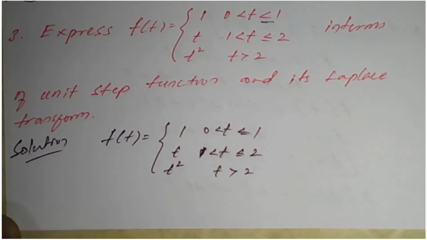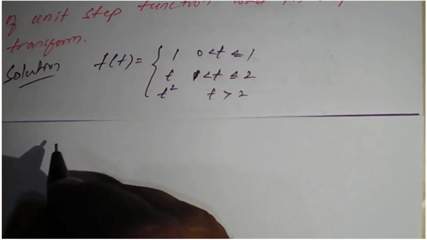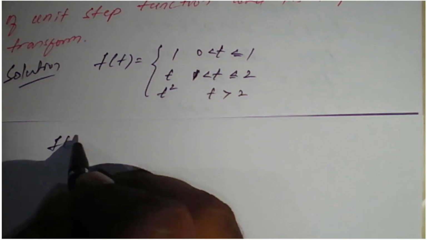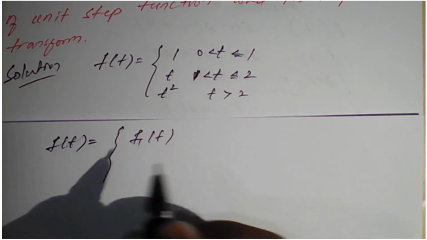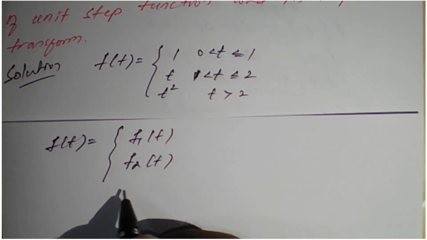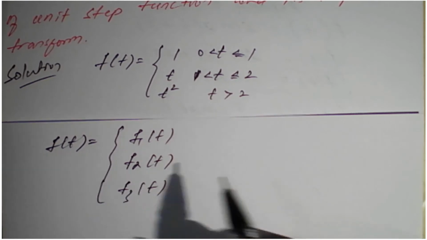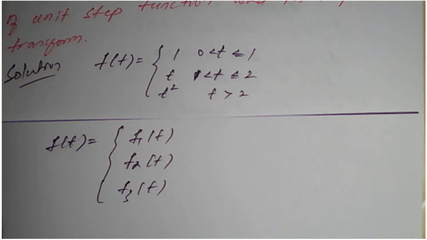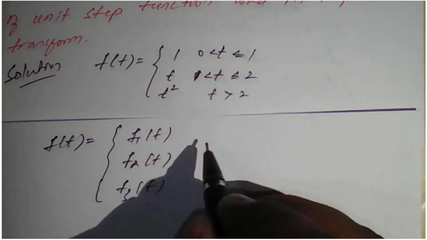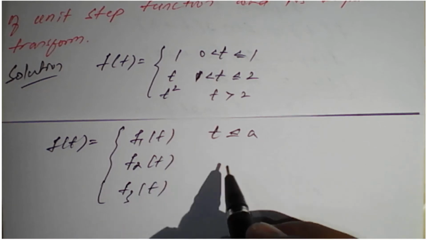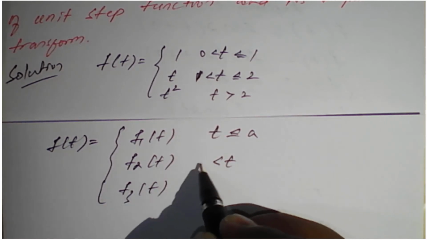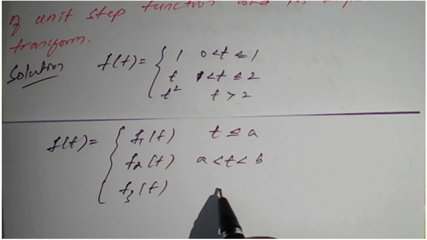As per the standard formula, f of t is f1 of t, f2 of t and f3 of t, where the conditions are: for f1 of t, t is less than or equal to a; for f2 of t, t is greater than a and less than b; and for f3, t is greater than b.